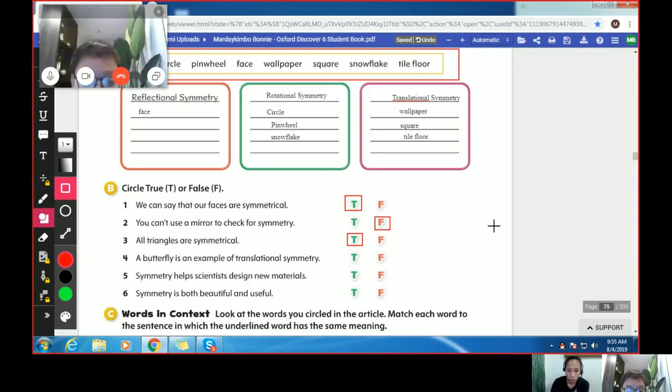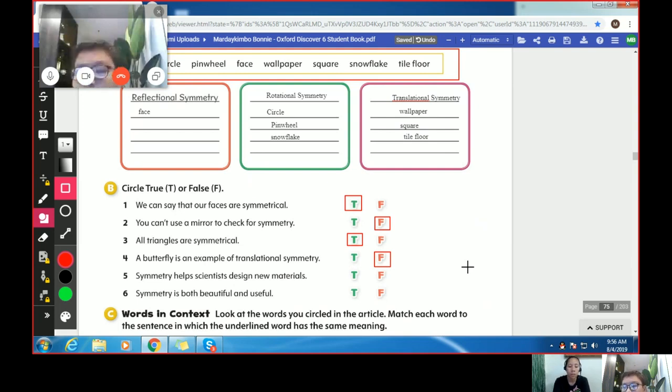Number 4. A butterfly is an example of translational symmetry. False. So what kind of symmetry is a butterfly? The wings. The wings look like the reflection.